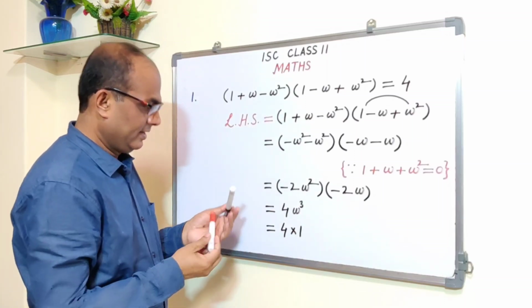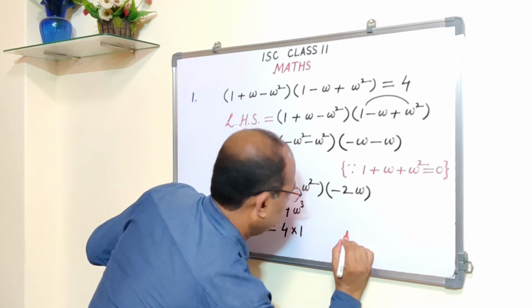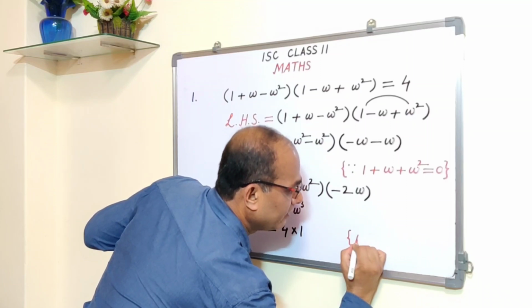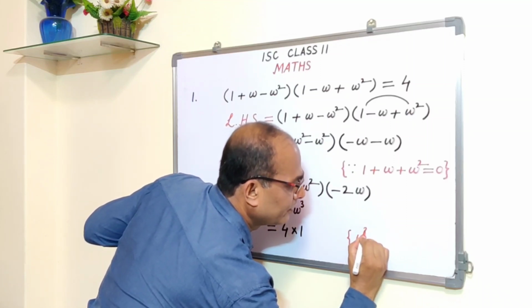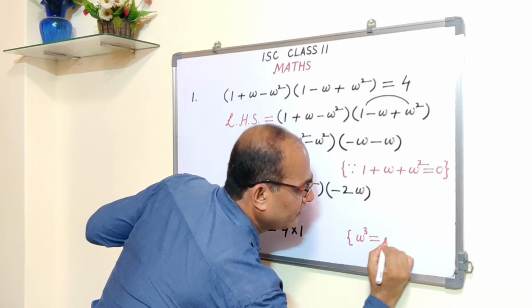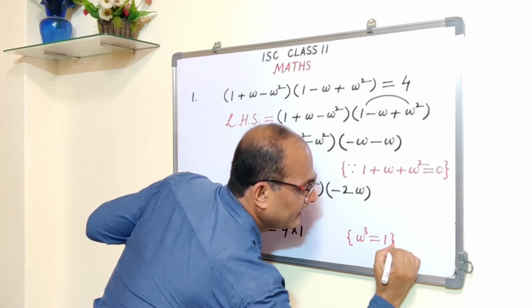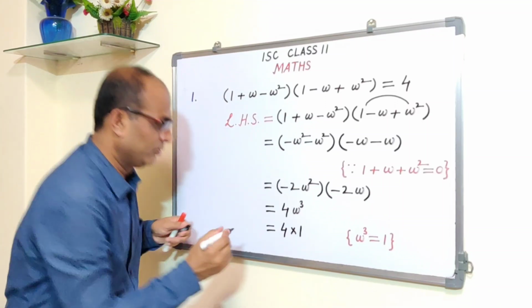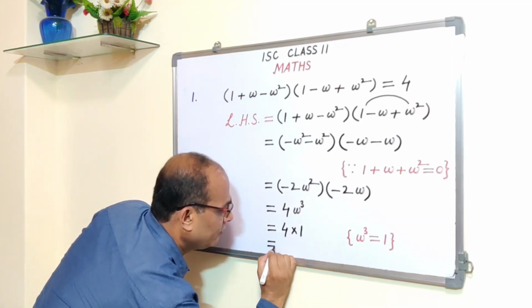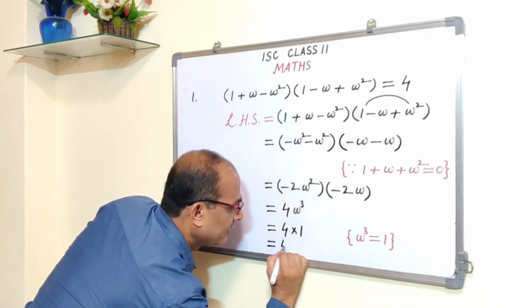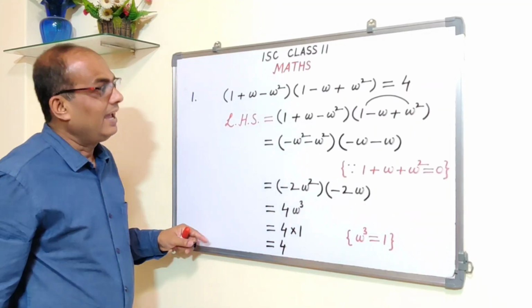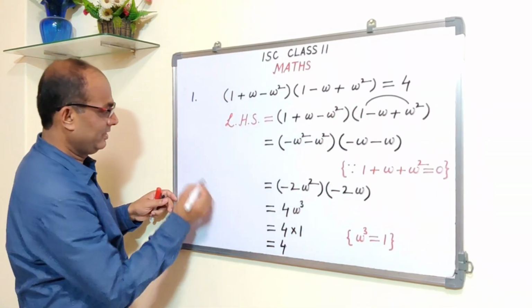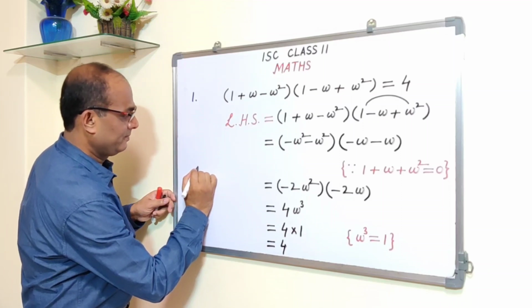Give reason here: omega cube is equal to 1, and this gives you 4. And this is equal to RHS. Next step is equal to RHS.